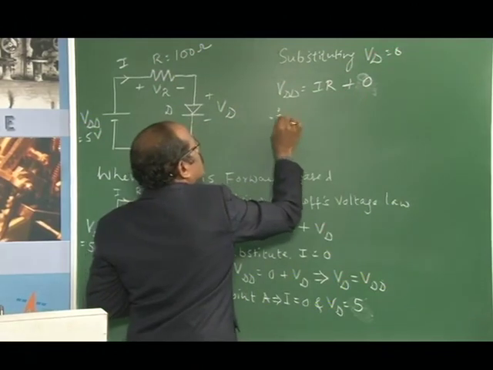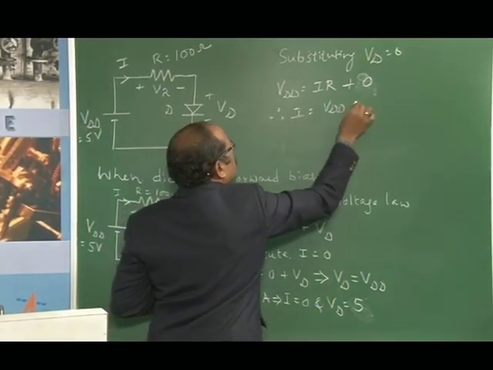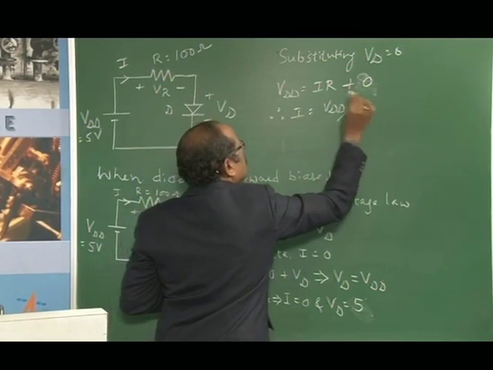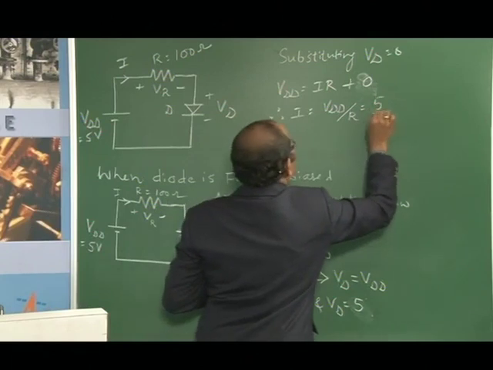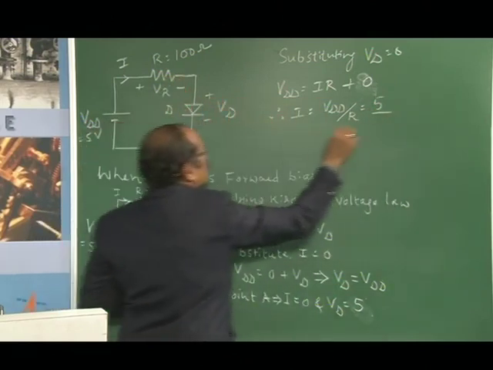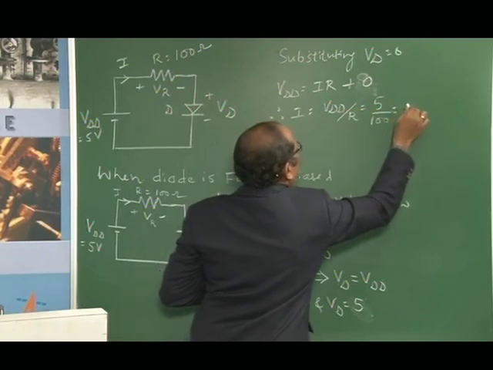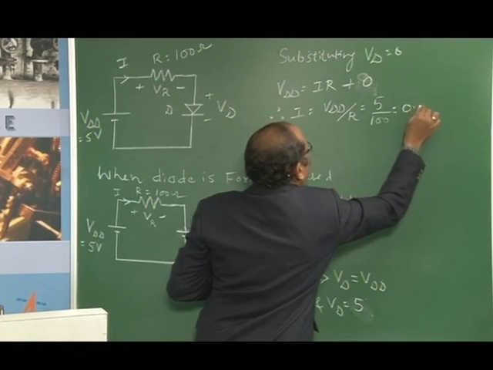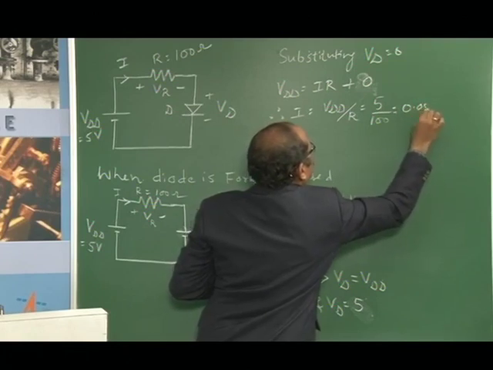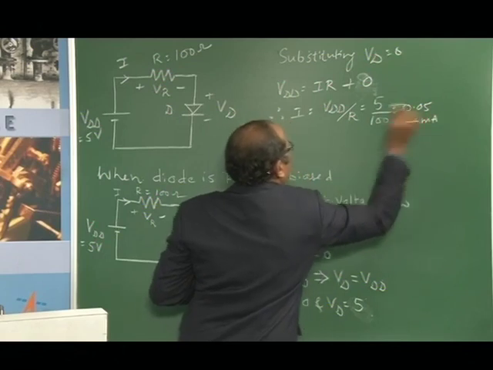Therefore I will be equal to VDD by R. VDD is given as 5 volts, and the resistance is 100 ohm. So this is nothing but 0.05, or you can say 50 milliamp of current.